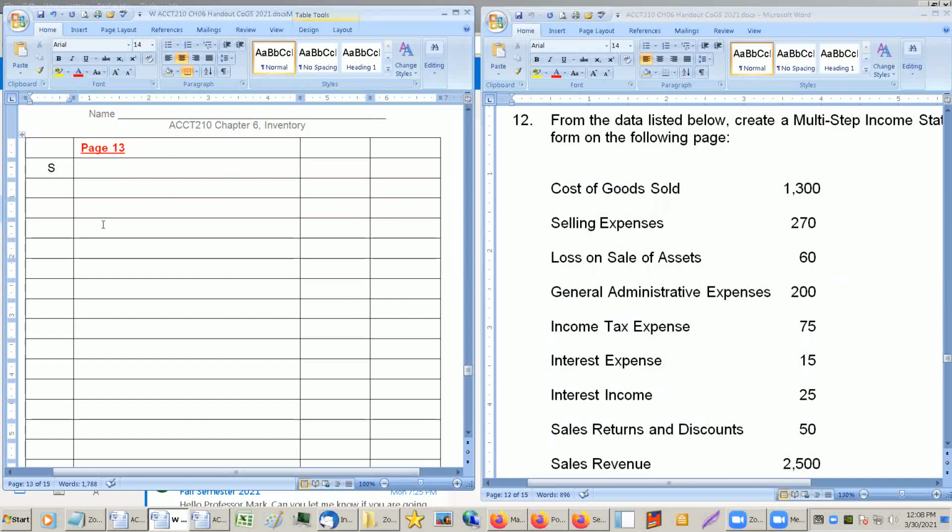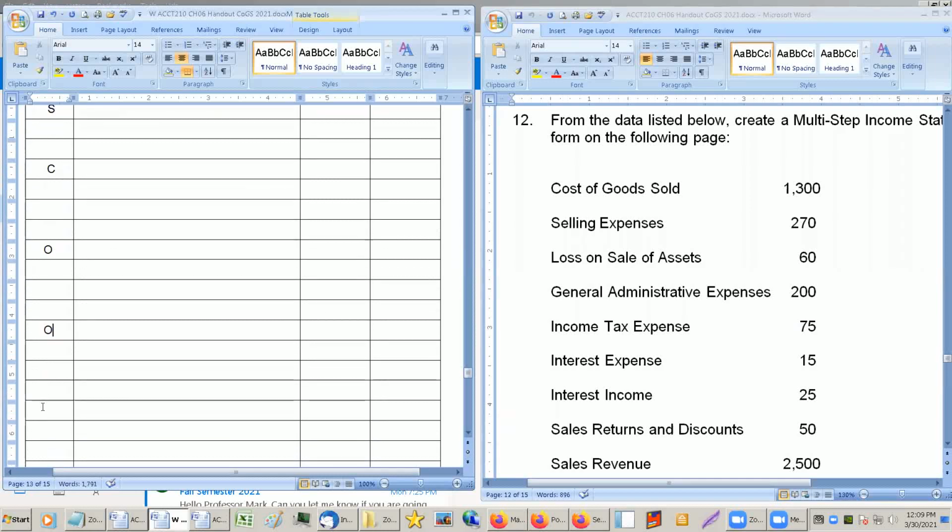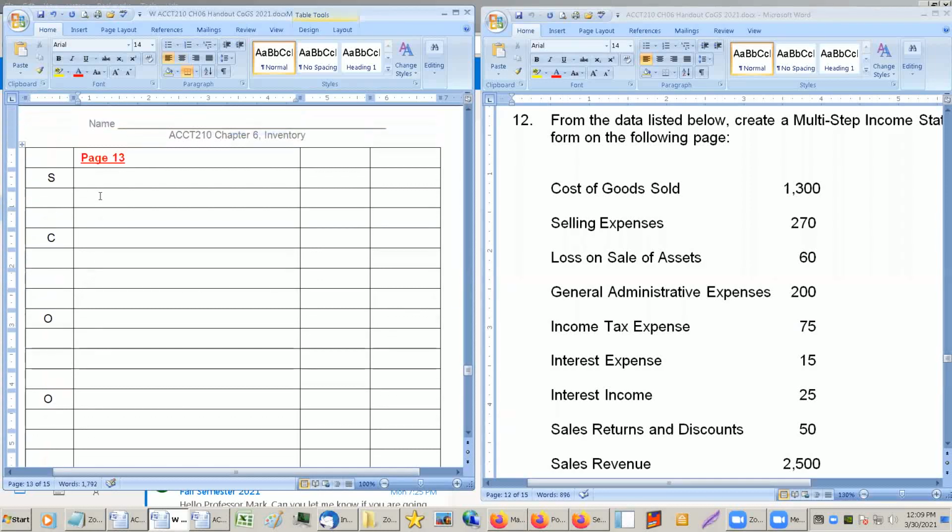I'll do this in capitals just so it's easier to see. It's hard to do. I'll probably have to redo these, but we'll see. Okay, so remember by SCOOT.